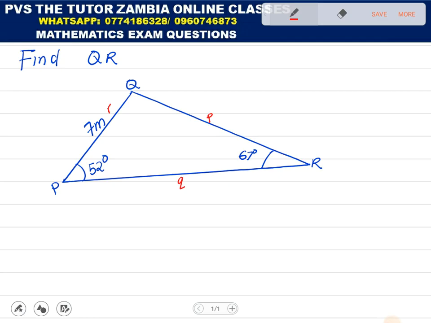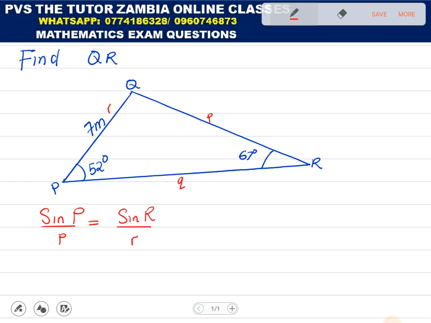So we say sine P over side p. This should be equal to, this angle should have a corresponding side in order for the sine rule to work out. All right, so we have sine R over side r.